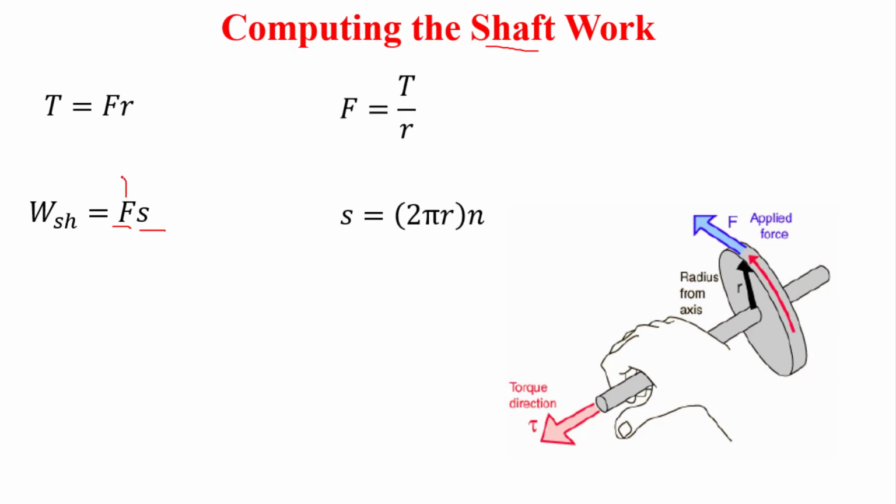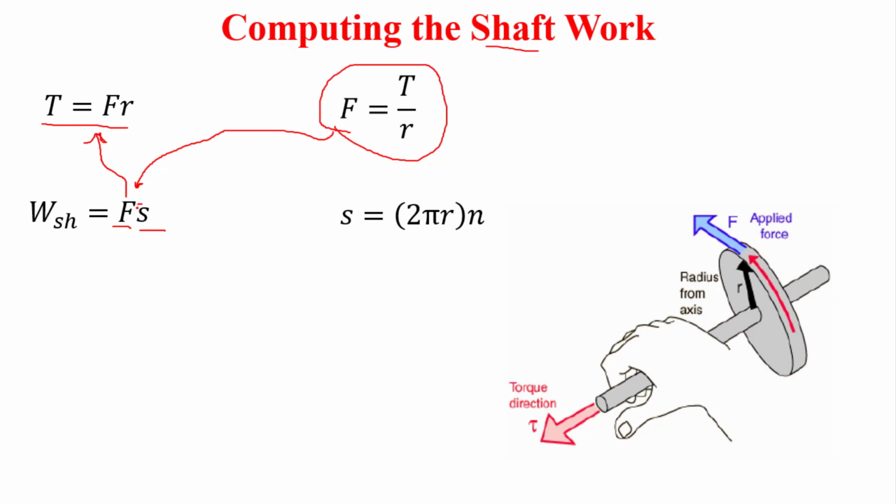So in terms of force, we can relate it to the torque, where torque equals F multiplied by radius, the radius from the axis. Or we can write force equal to torque over r. So I can substitute the result in here instead of force.